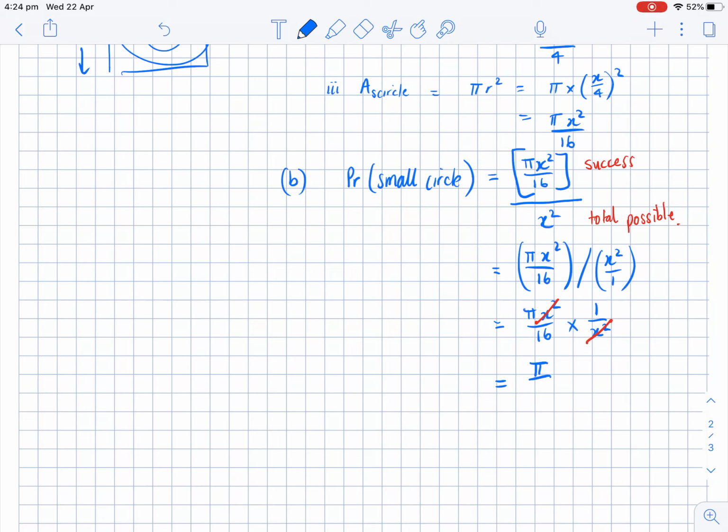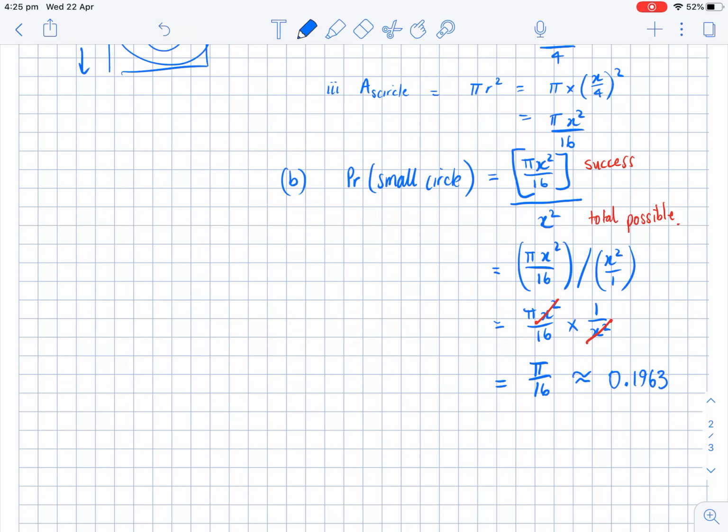pi divided by 16. Now if I type this into the calculator, I will get a decimal approximation of 0.19635.